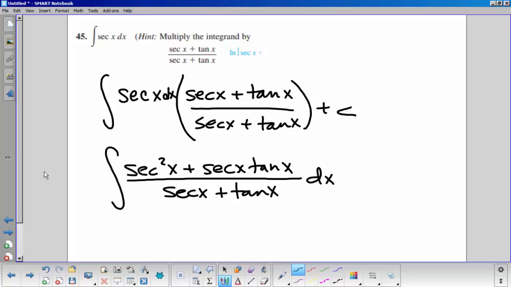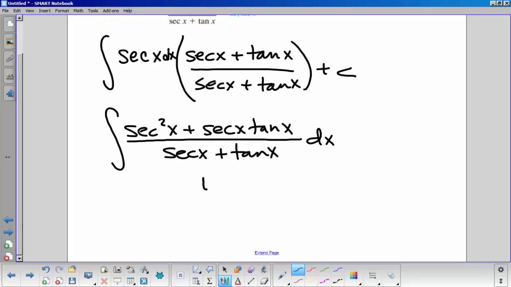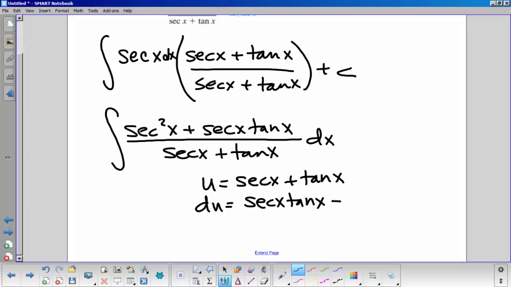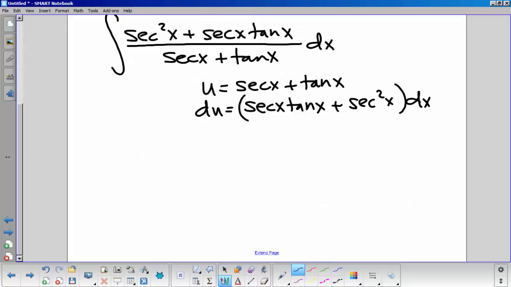dx, and in this case we're going to let u equal the denominator. So u is secant x plus tan x, du equals secant x tan x, because the derivative of secant is sec tan, plus secant squared x times dx. And thankfully we have that in the numerator.